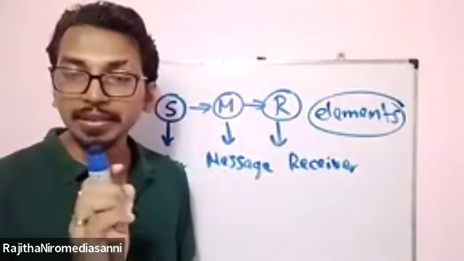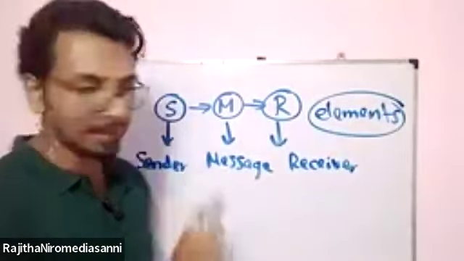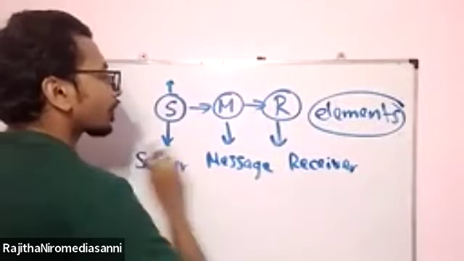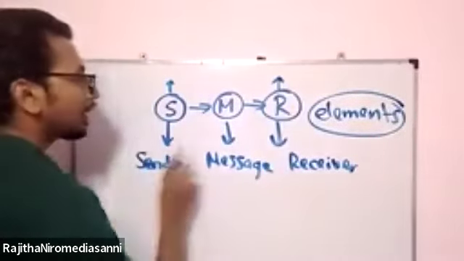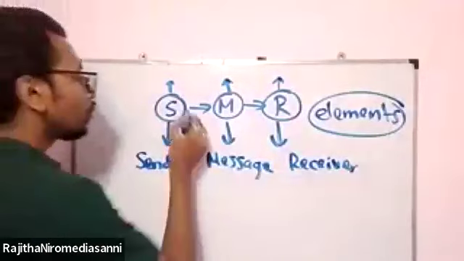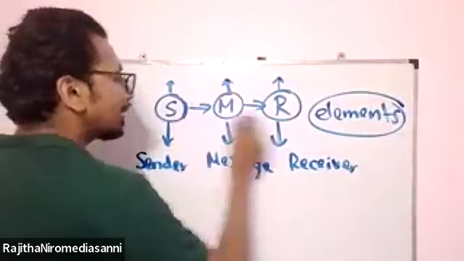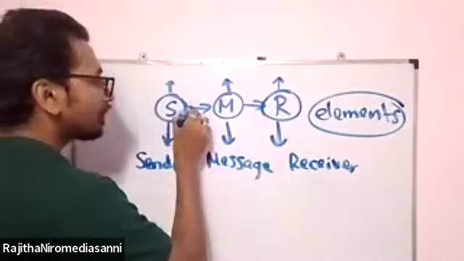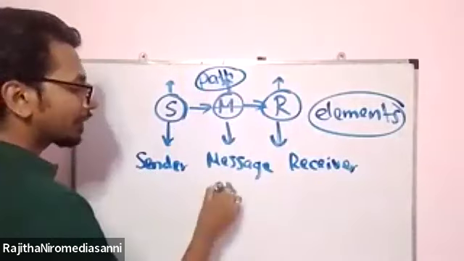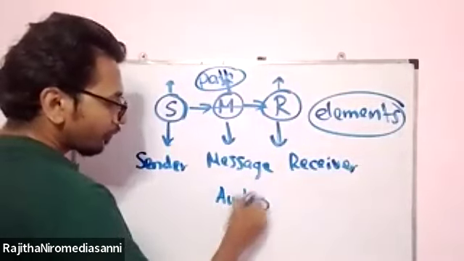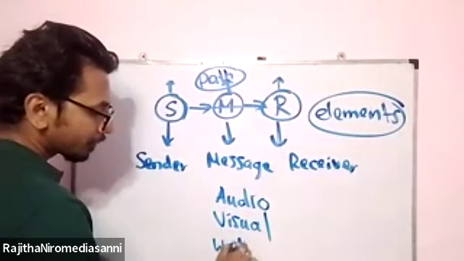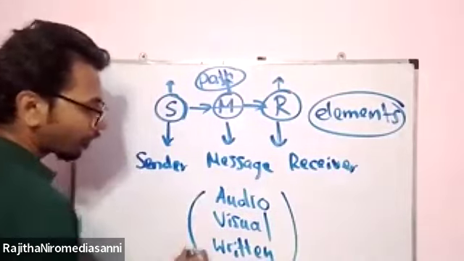But another element is hidden inside. Think about a sender who develops a message, and there's a receiver, and this is the message developed by the sender. Between sender and receiver there is a path. It's sometimes audio, sometimes visual, sometimes written, whatever it is.